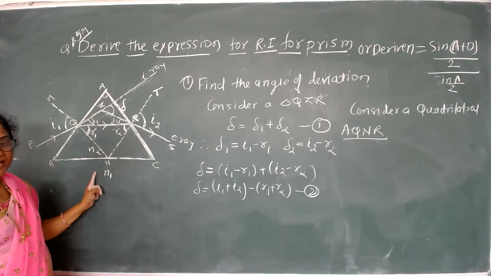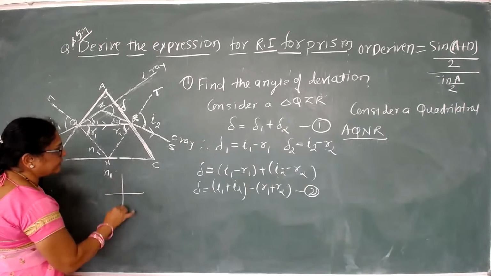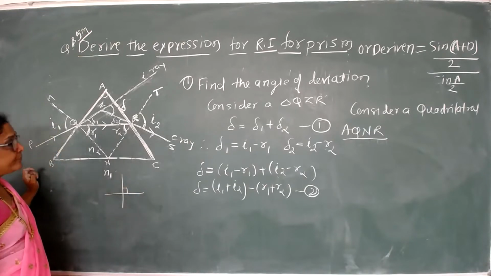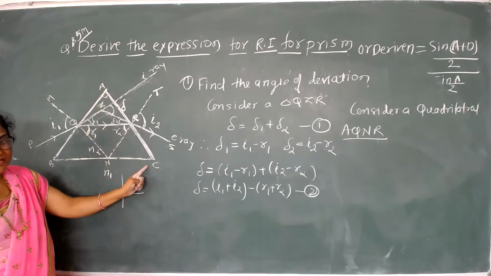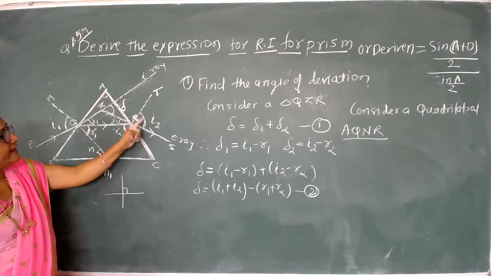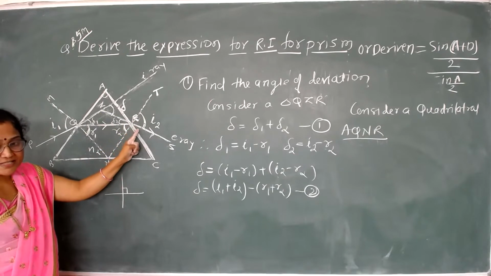Normal ray means it makes a 90 degree angle. And here TN is the normal ray for the second surface, which also makes a 90 degree angle to the second surface.